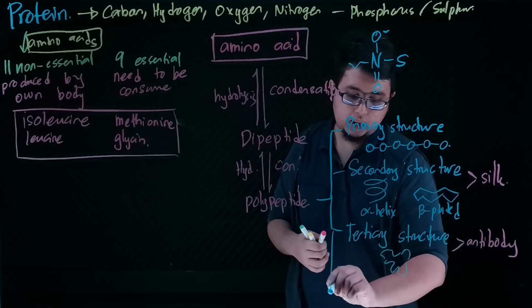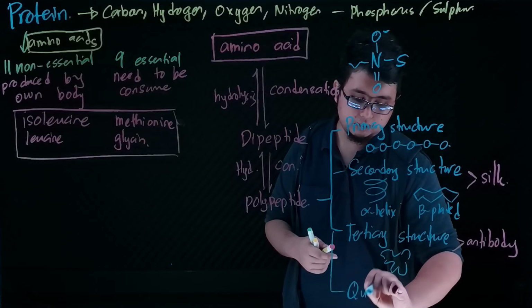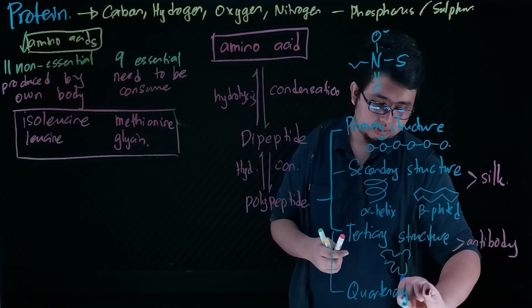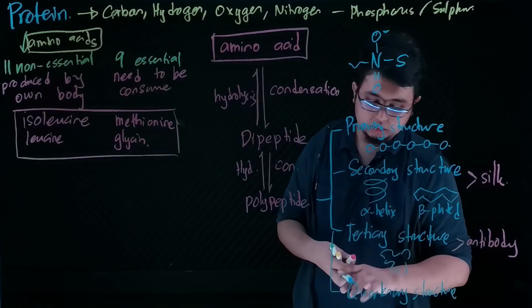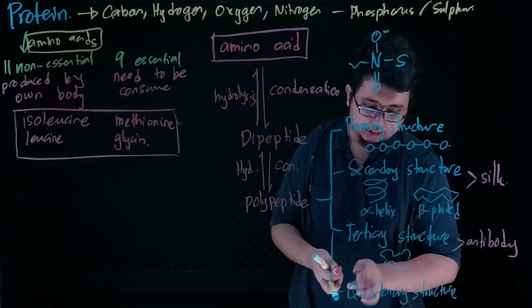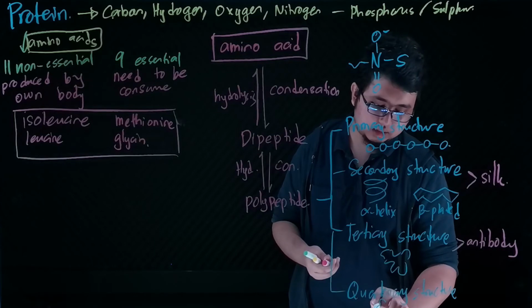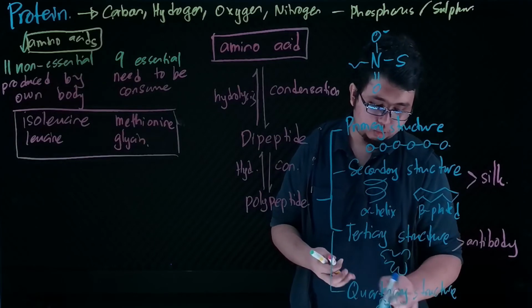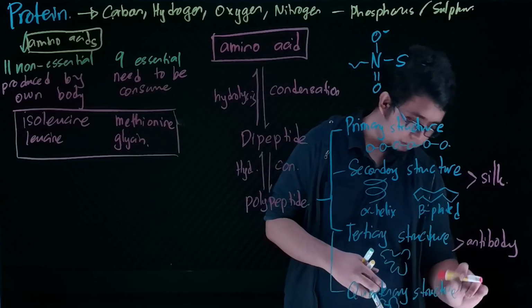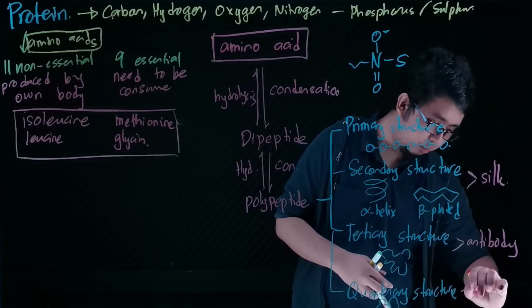And finally, we have a quaternary structure. Now, this is the most complex form of our protein, where several of these tertiary structures will bind together and start to conform into a much more complex shape. We see this in our hemoglobin.